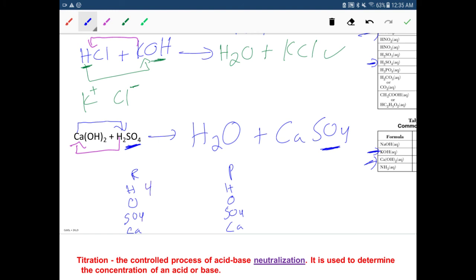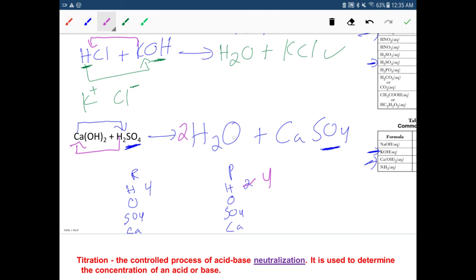In the product side, we have 2 hydrogens. To balance the amount of hydrogen in the reactants and the products, I'm going to need to multiply this by 2. So I'm going to add 2 as a coefficient in front of the H2O. This now will change the number of hydrogens from 2 to 4, because 2 times 2 is 4. So the hydrogens are balanced.